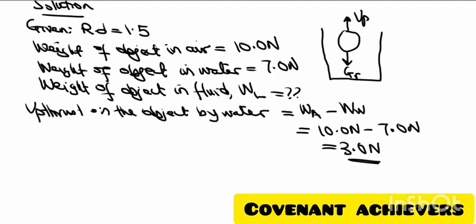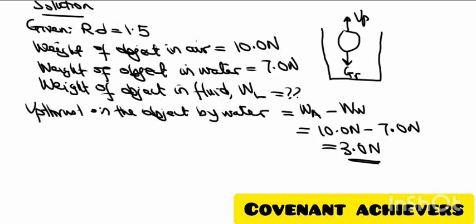Now the appropriate formula that we are going to use is relative density, since we are given the relative density. The relative density is the upthrust of the object in liquid over the upthrust of the object in water. We have actually explained that as well.